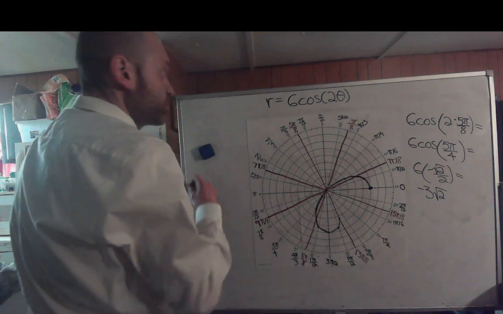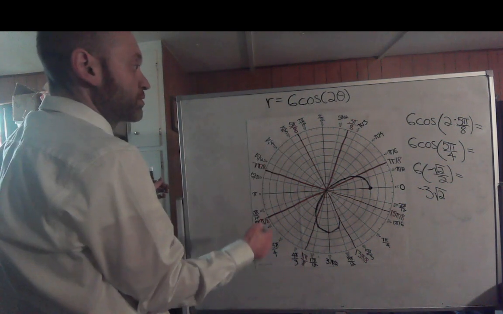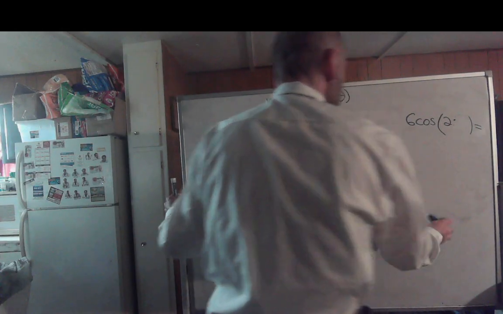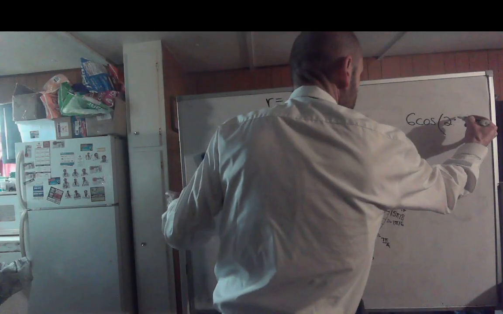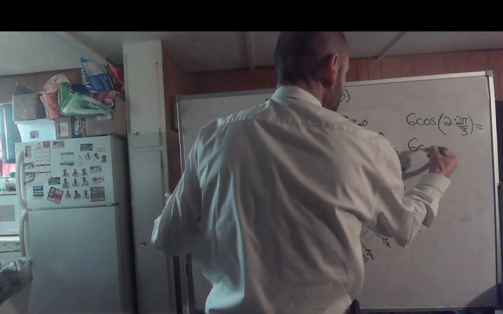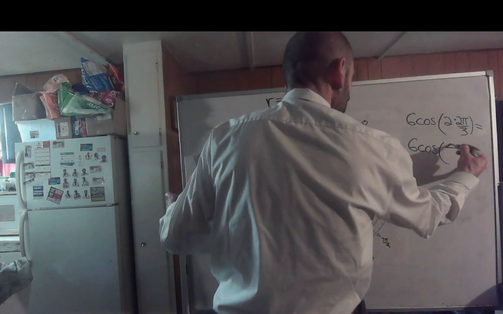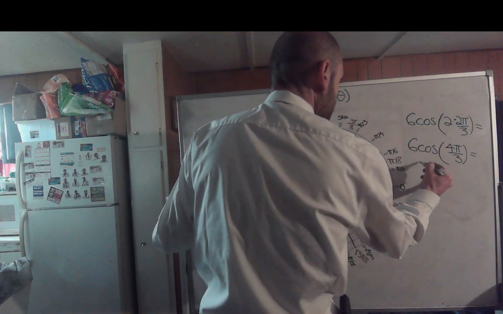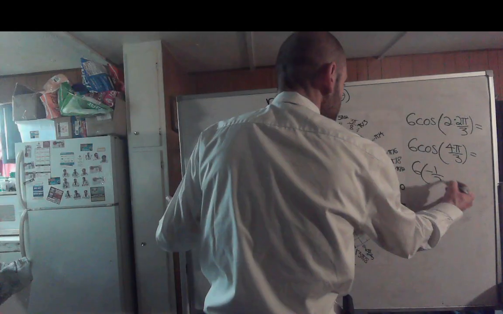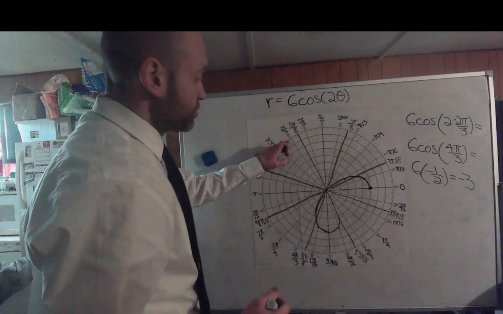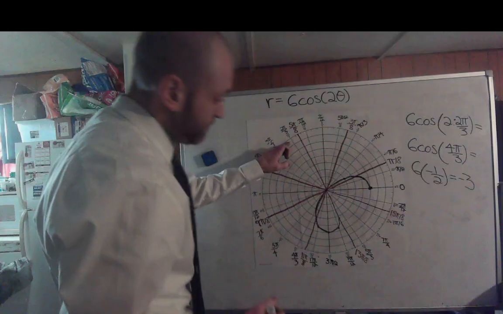And then the next special angle is going to be 2 pi over 3. So 2 times 2 pi over 3, well, that would give me 4 pi over 3, still acting as a third quadrant angle. The cosine of 4 pi over 3, that's negative 1/2. So 6 times negative 1/2 is negative 3. If we go negative on the 2 pi over 3, that'll put me down at 5 pi over 3.